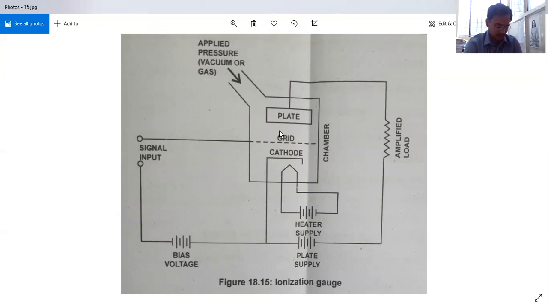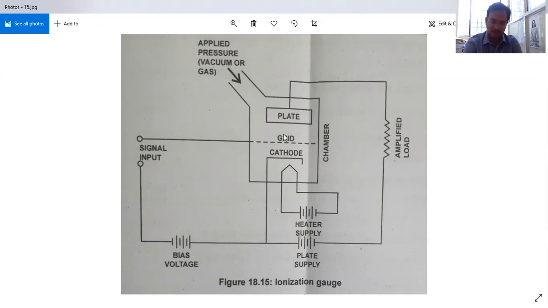The basic principle involved here is ionization, the process of knocking off an electron from an atom, thus producing free electrons and positively charged ions.